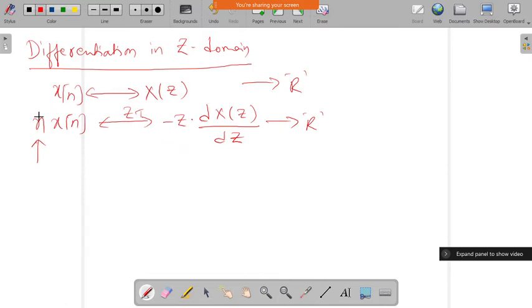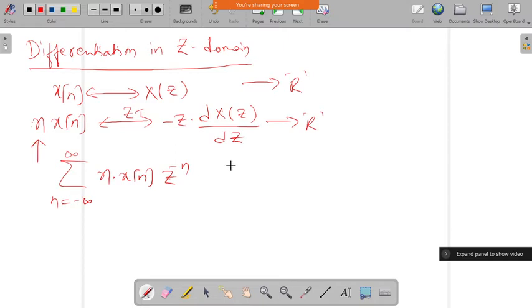Now, we will take this signal and try to get the Z transform of the same. Let us find out the Z transform of this, that is summation n equal to minus infinity to plus infinity, n into x of n into z power minus n.